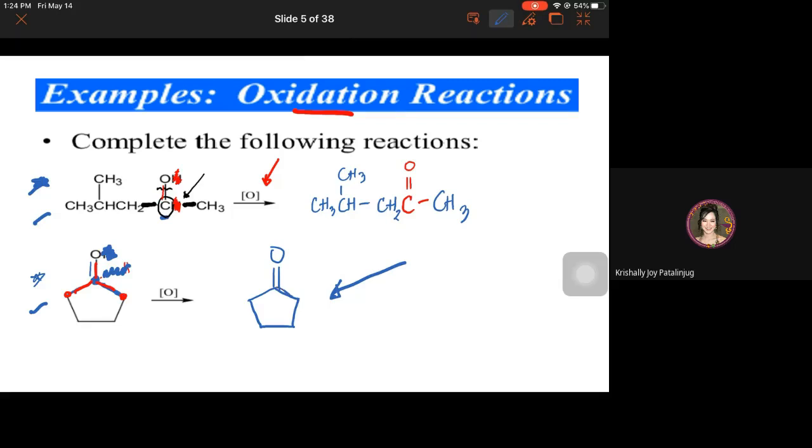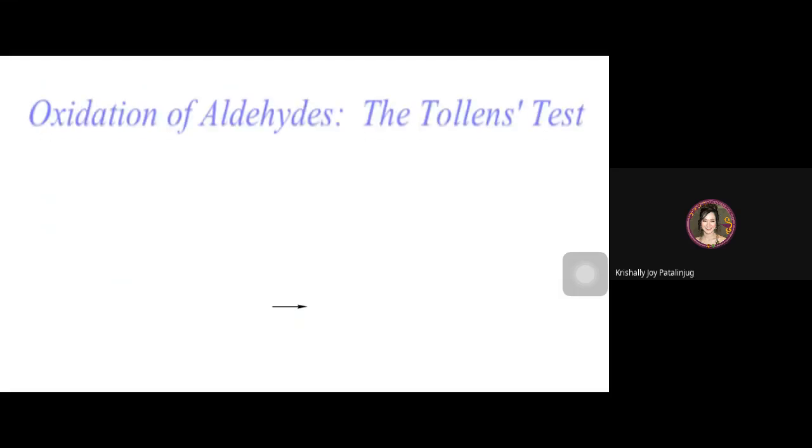So we are done with oxidation. Let's proceed to the first reaction of aldehydes.